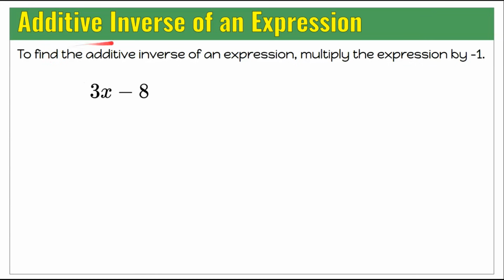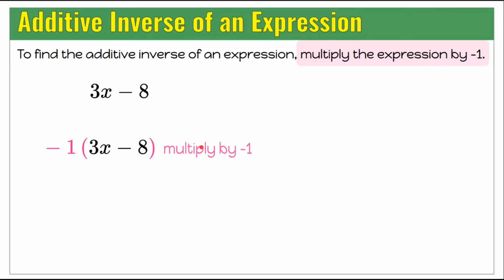Now let's find the additive inverse of an expression. To find the additive inverse of an expression, we're going to multiply the expression by -1, just like we did to find the additive inverse of those terms. I'm going to rewrite this so that I can multiply by -1: -1 times the whole linear expression, 3x subtract 8.